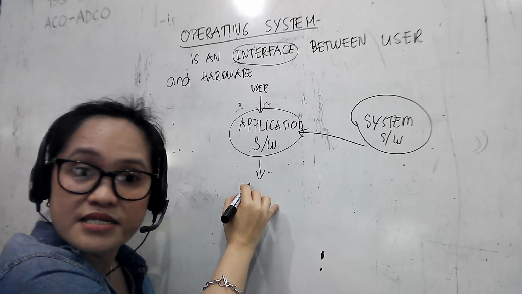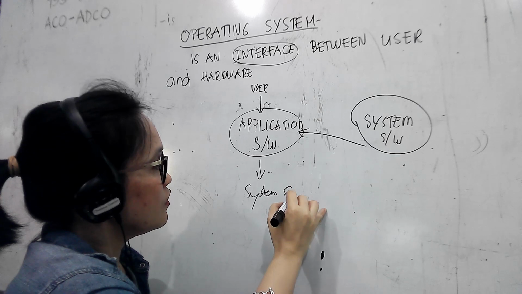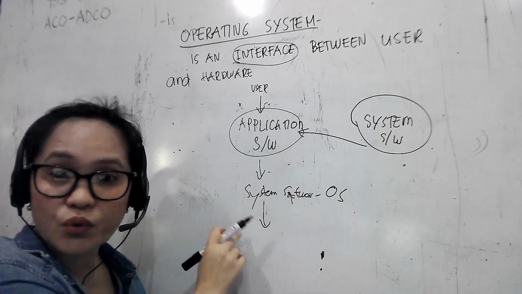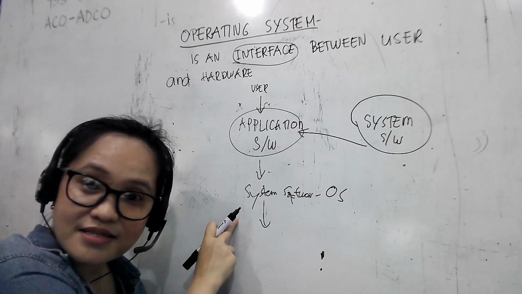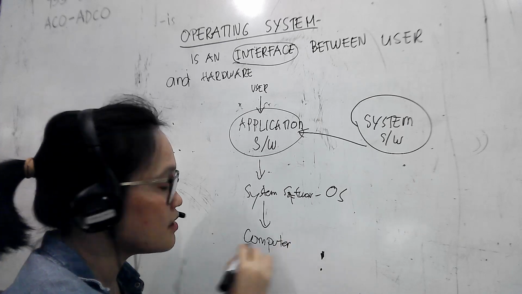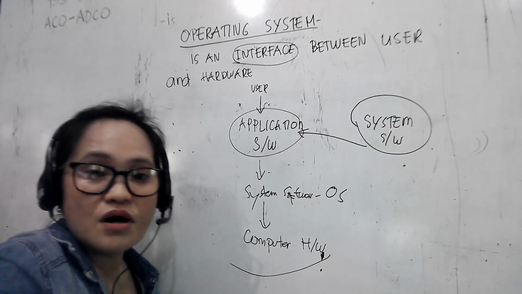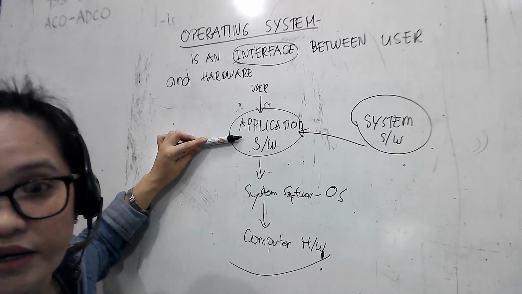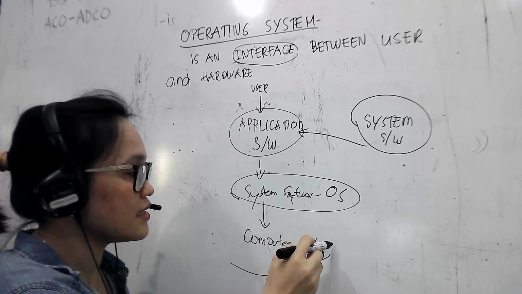Now, the system software, or we call it our OS, will help translate, or will help do the functions, or will allocate processes for the computer hardware on what that specific computer hardware wants to do. So from the user, to the application software, the system software will help do the specific task on the hardware.